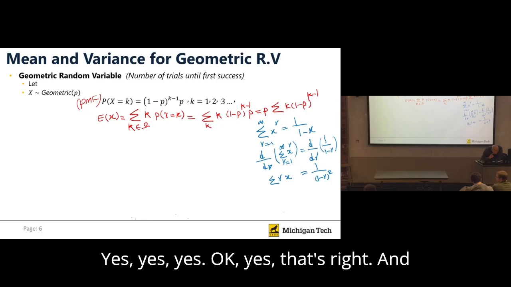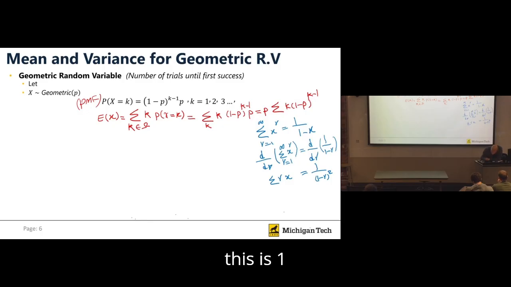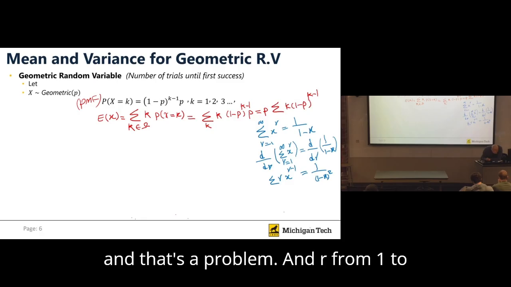Yes, okay, that's right. And this is 1 minus x. And this is going to be r minus 1, because I mixed r with k, and that's a problem. And r from 1 to infinity.